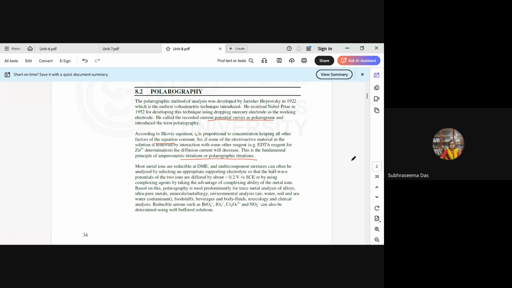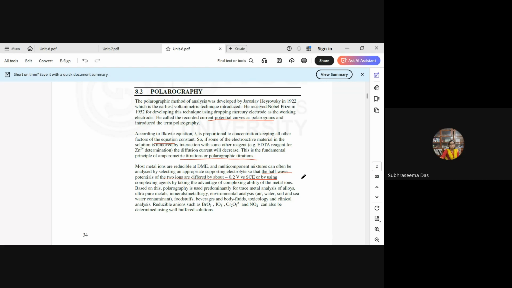So this is the fundamental principle of amperometric titrations or polarographic titrations. Most metal ions are reducible at the dropping mercury electrode, and multi-component mixtures can often be analyzed by selecting an appropriate supporting electrolyte, so that the half-wave potentials of the two ions differ by about 0.2 volt versus the SCE.